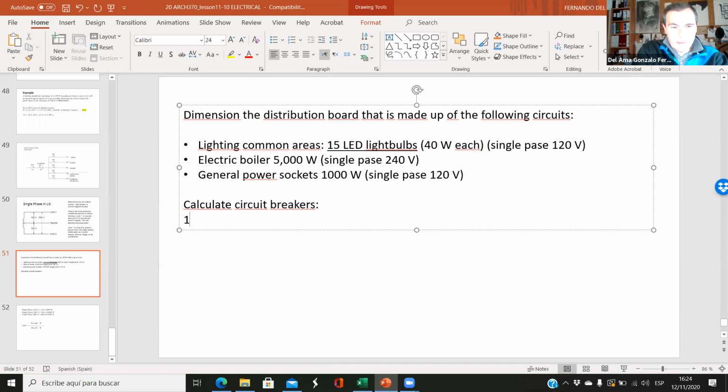The first circuit is lighting. Lighting is 15 LED light bulbs times 40 watts. So this is 15 times 40, 600 watts.